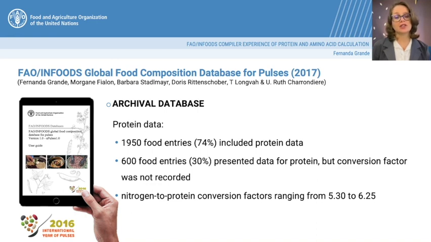But for about 30% of the protein values compiled, the conversion factors used for converting nitrogen to protein were not available. And this may be an issue since it can vary among the publications, and we could note from the information compiled from the original references that the conversion factors reported ranged from 5.3 to 6.25.